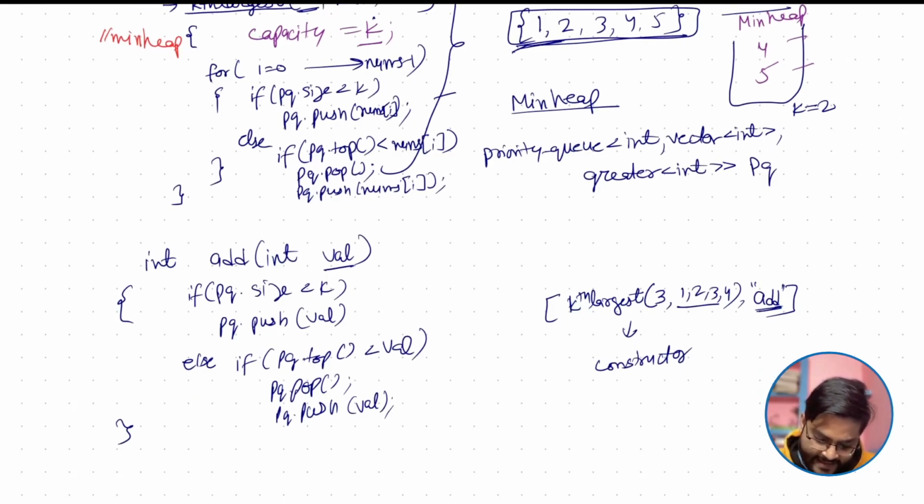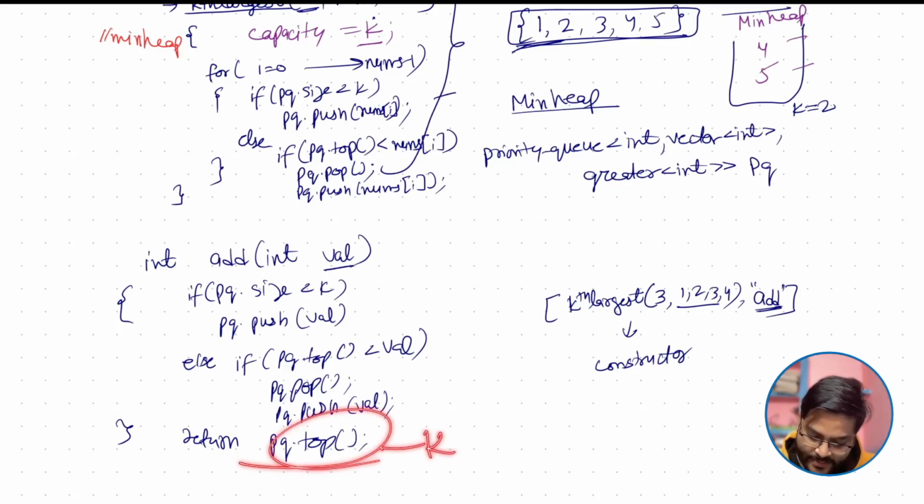At the end I will return pq dot top, the top of my priority queue, so that will hold my kth largest element.